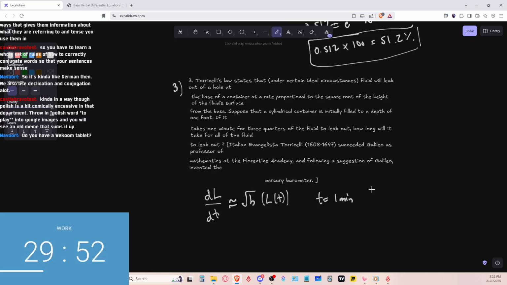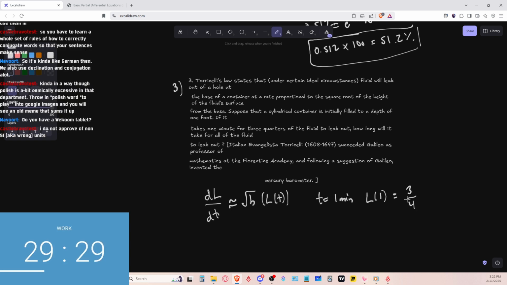for 3/4 of the fluid to leak out, so 3/4 to leak out.